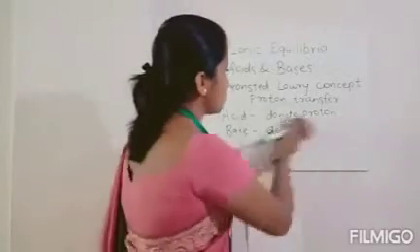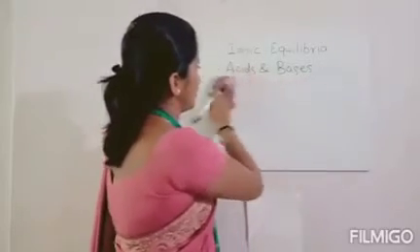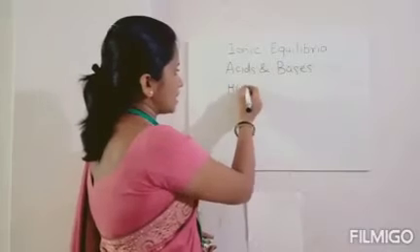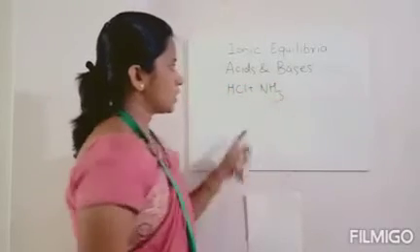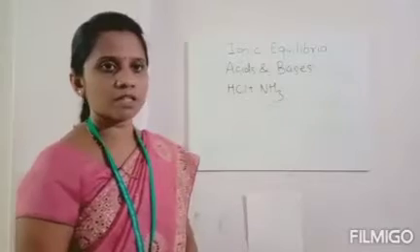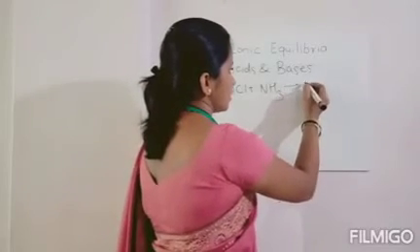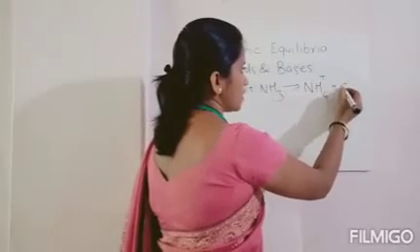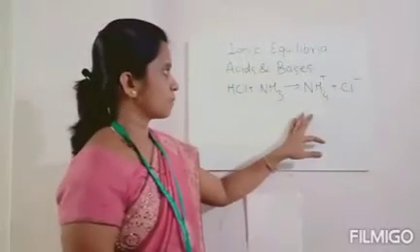So the example for this is, see, HCl plus NH3, hydrogen chloride plus ammonia. In this there will be formation of NH4 plus and Cl minus.